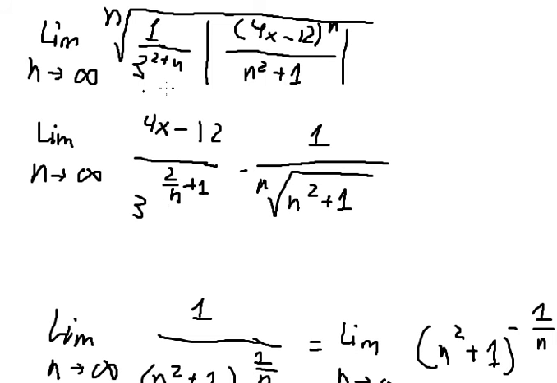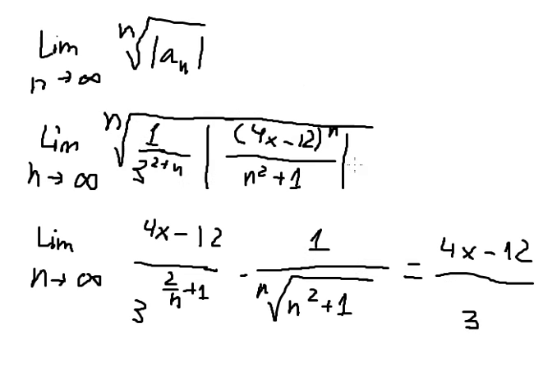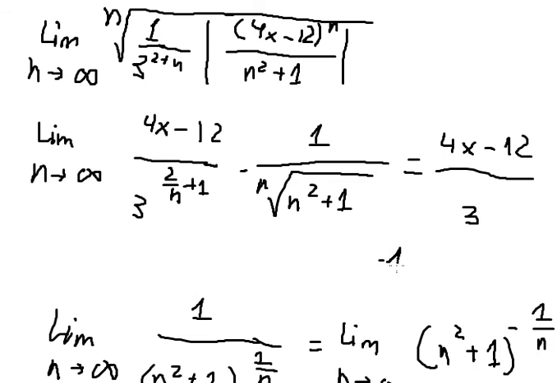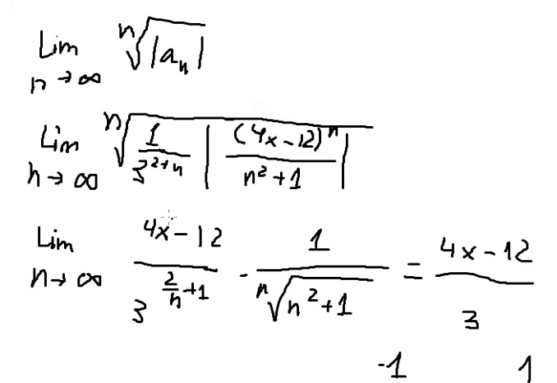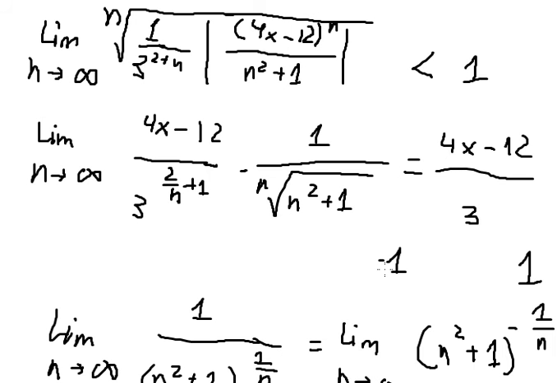Now if we simplify everything, you get only |4x minus 12| over 3. And we need to know that this one should be from negative 1 to positive 1, because after we remove the absolute value, the value of this one should be smaller than 1. That's why we have negative 1 to positive 1.